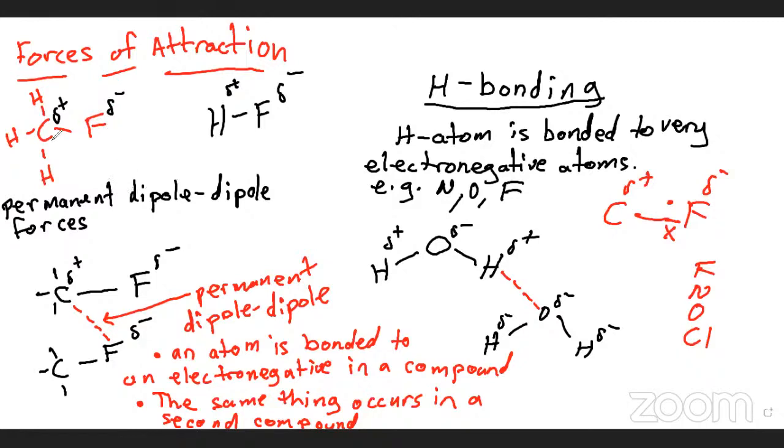You must have an atom covalently bonded to an electronegative atom so that the electrons are unequally shared. That unequal sharing of electrons is what causes the slightly negative and positive charges, and it will only come about because one of the atoms is highly electronegative. All right, so CH3F, that would be a permanent dipole.